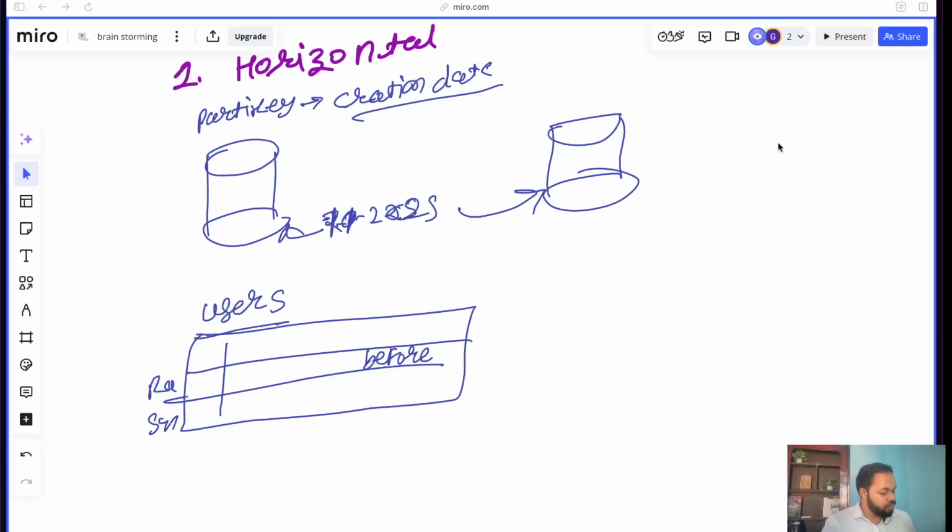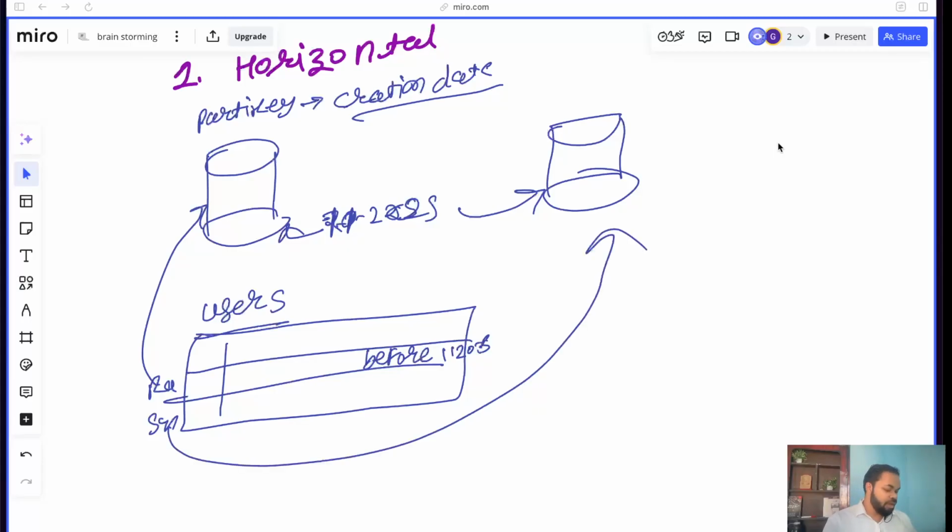So Ram, created before 1/1/2025, will be stored here and Shyam will be stored here. That is horizontal partitioning actually. When you divide a subset of the rows into different databases or partitions, that is called horizontal partitioning.